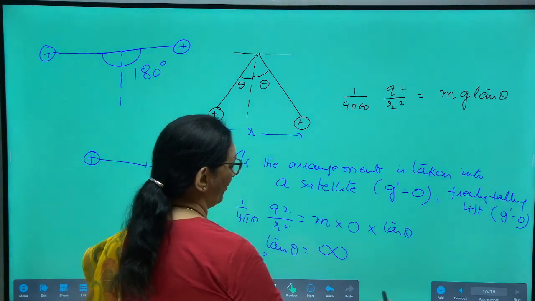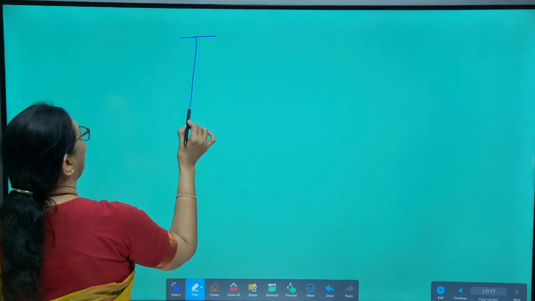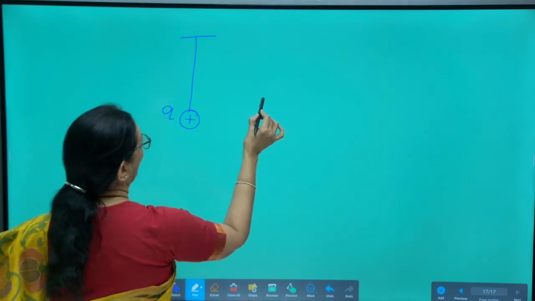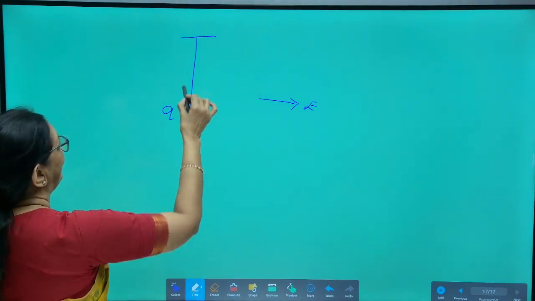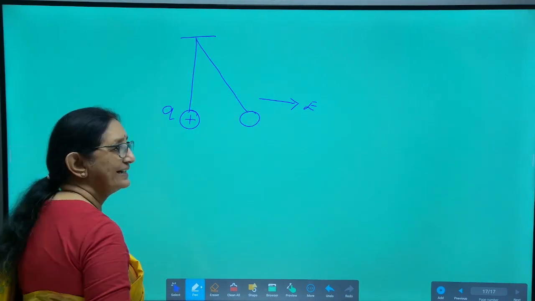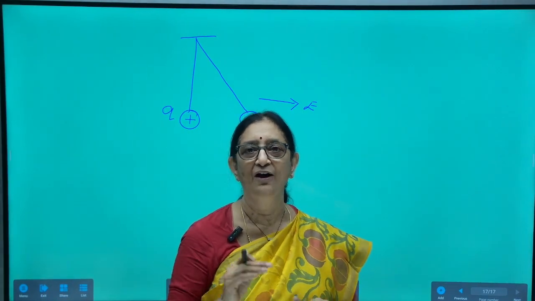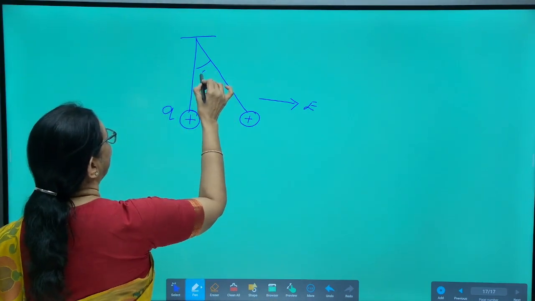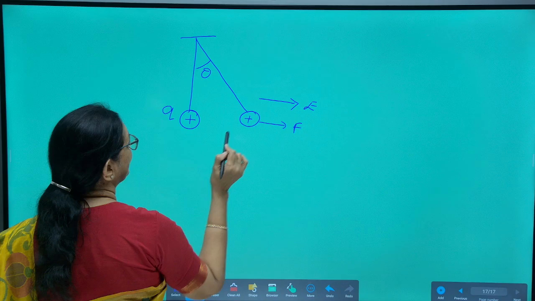Now, another model I am telling you. Look here, this is a simple pendulum with a charged bob of charge q. It is placed in a uniform horizontal electric field of intensity E. Then here it will be pulled through an angle theta by the force due to this electric field.